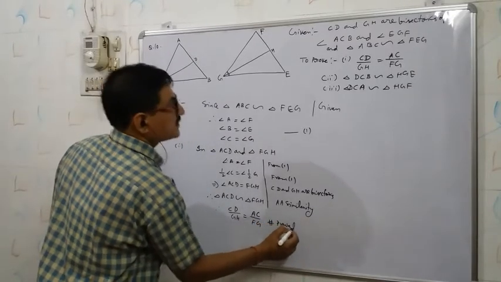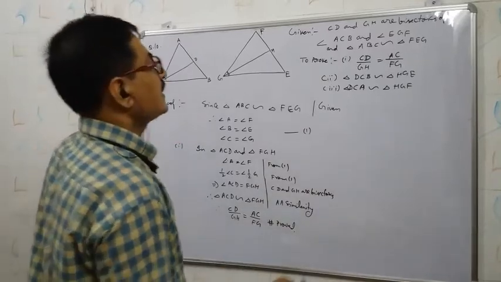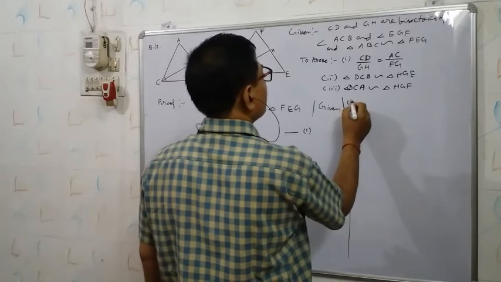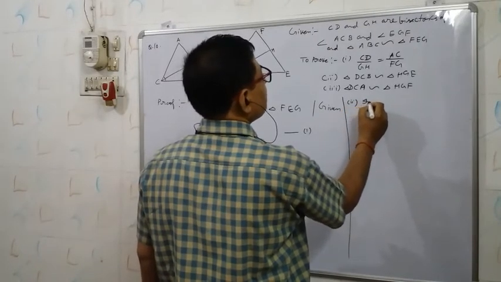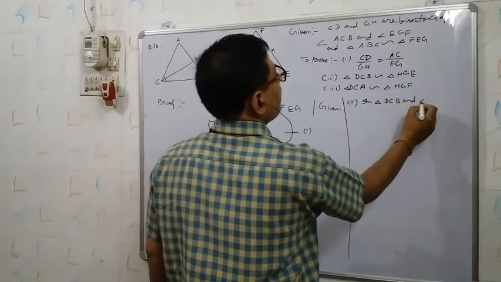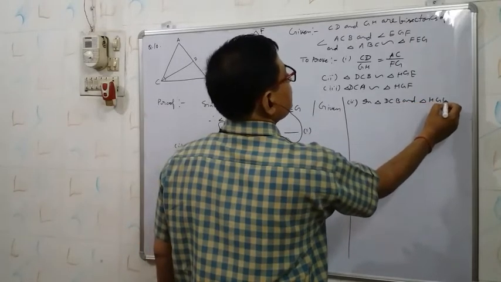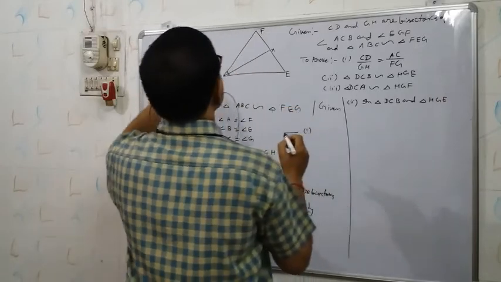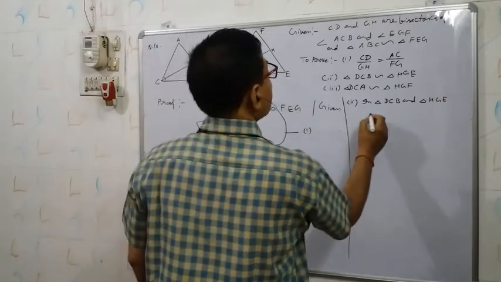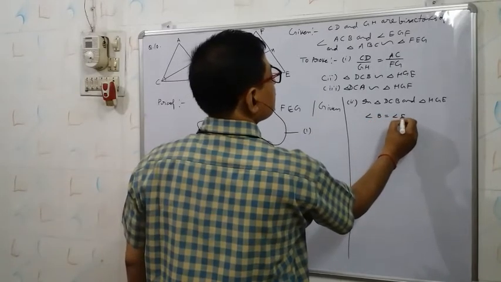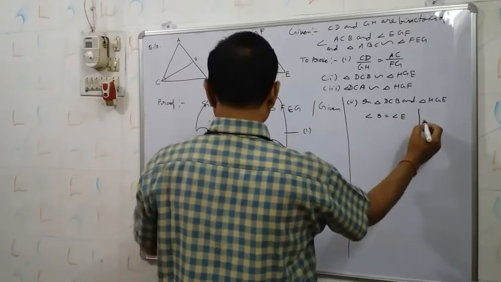Now the second part, you will see that. Triangle DCB and triangle HGE. Simply we have to compare both triangles: in triangle DCB and triangle HGE, angle B equals angle E. This is given from 1.